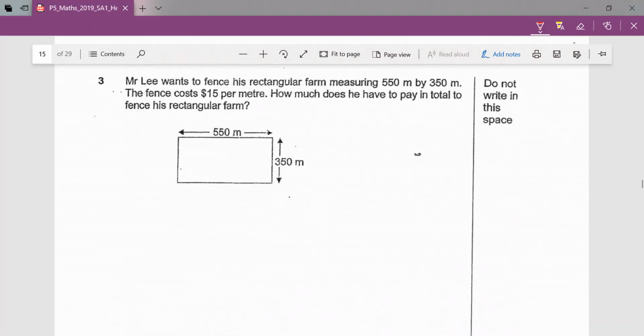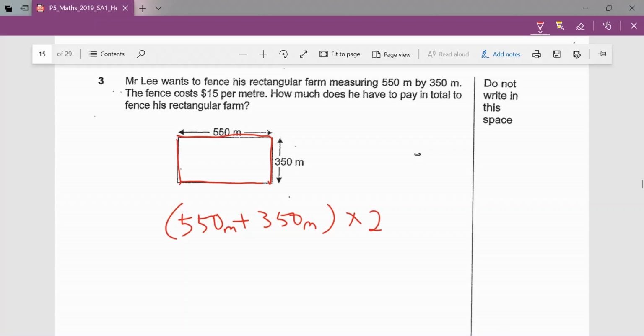Question 3. Mr. Lee wants to fence his rectangular farm measuring 550 meters by 350 meters. The fence costs $15 per meter. How much does he have to pay in order to fence his rectangular farm? So this is basically a perimeter question. 550 plus 350 meters, this is one side like that. You times 2, one more of this and one more of this.